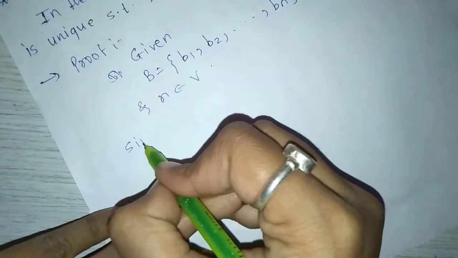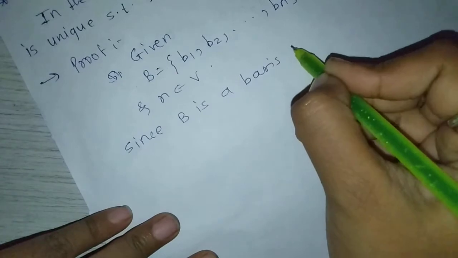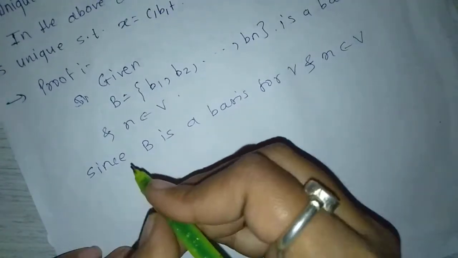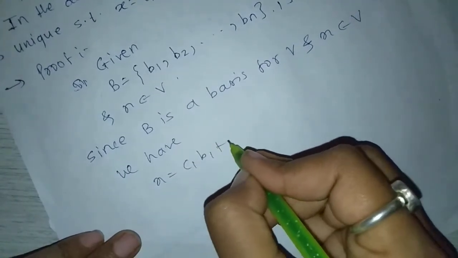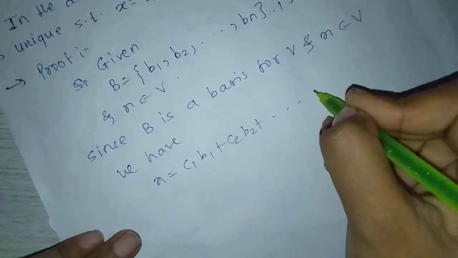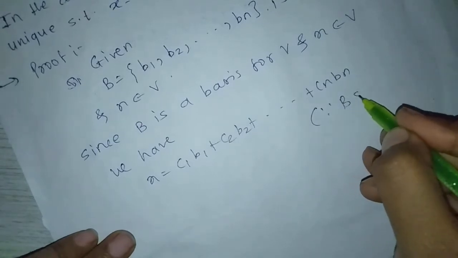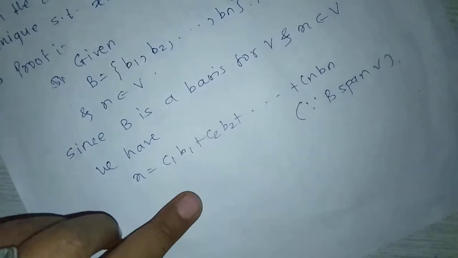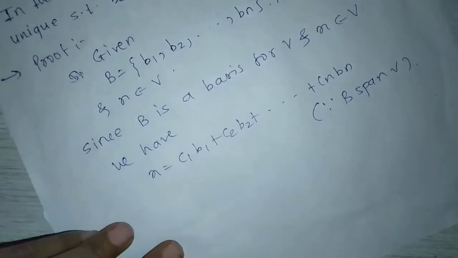Now since B is a basis for V and X belongs to V, we have X equals C1 B1 plus C2 B2 plus and so on plus Cn Bn. Since B spans V, we can write X equals C1 B1 plus C2 B2 plus and so on plus Cn Bn by the definition of spanning set.